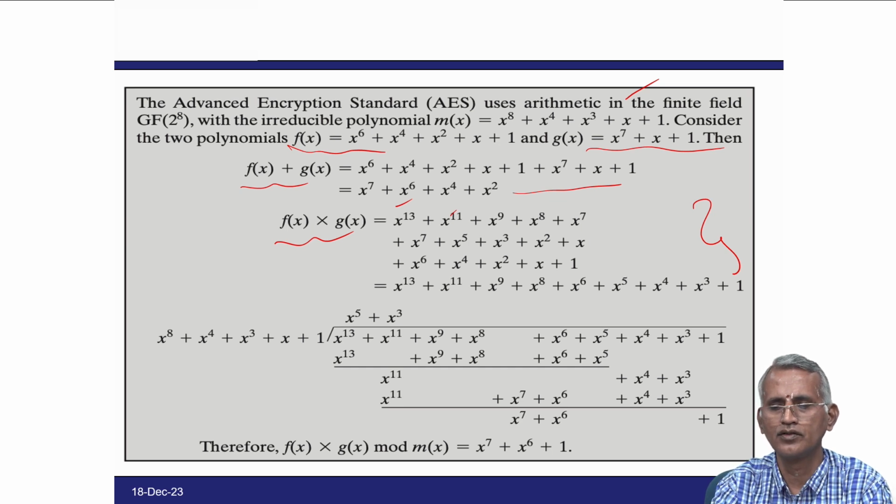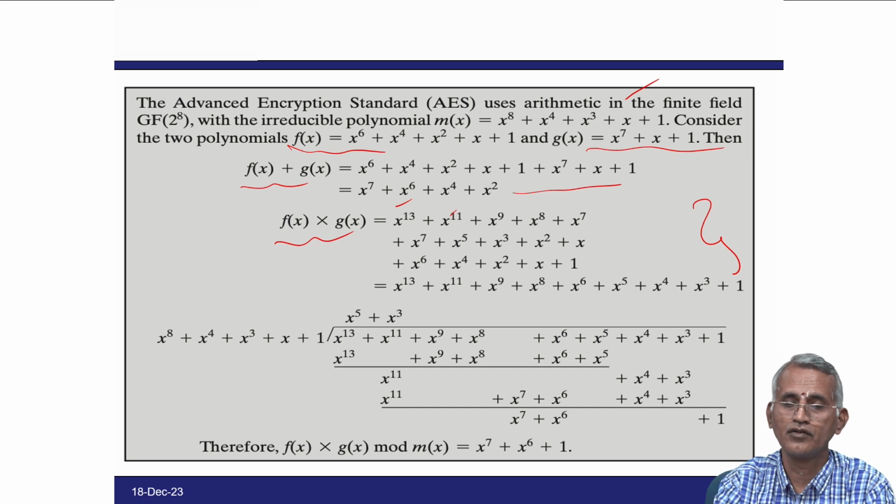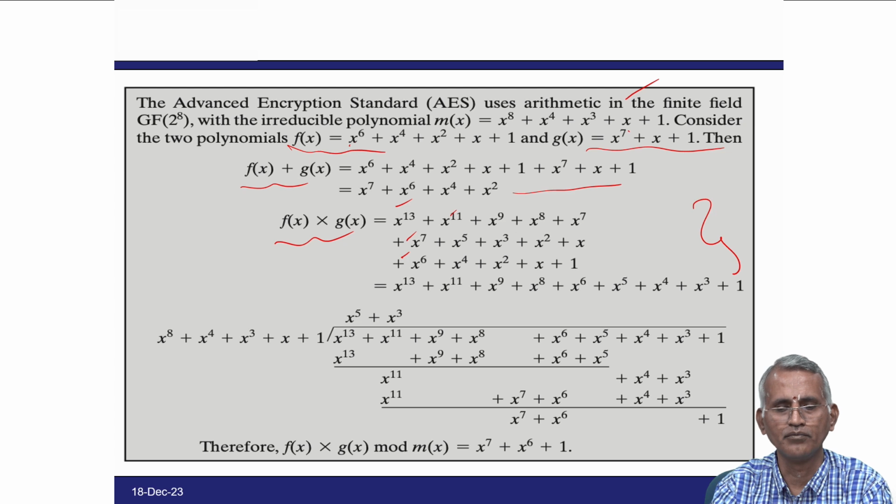First, you have to multiply with the x power 6 of all. So, x power 6 into x power 7 is x power 13, x power 6 into x power 6 is x power 7, x power 6 into 1 is x power 6. The first part will come.